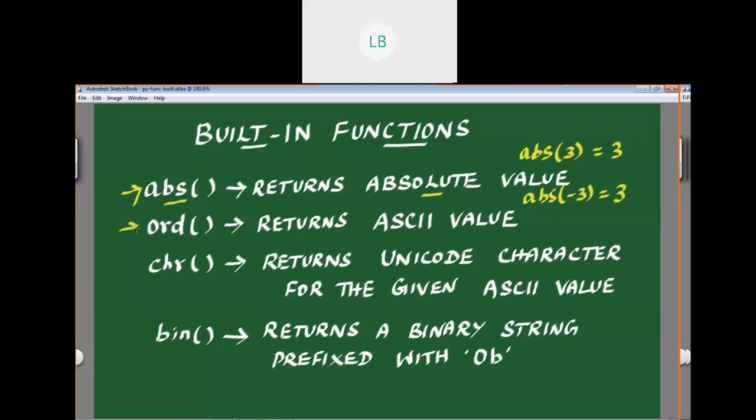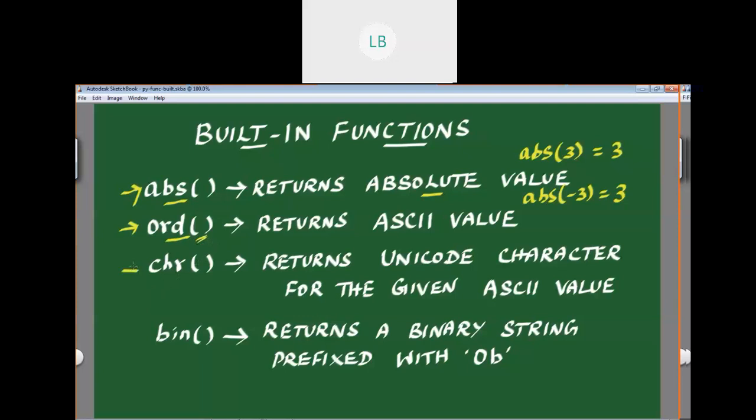The next one, ord function. This function returns the ASCII value for the given Unicode character. If a Unicode character is given as the argument, this returns the ASCII value.